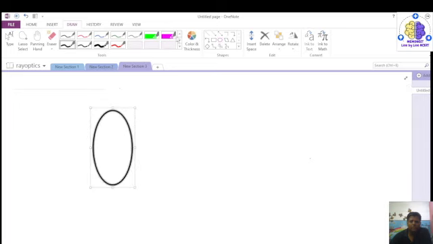Now suppose this is a sphere. Let me do it like this, right? Now this is a curved surface, and if I draw the boundaries for it, this would be the boundary, right?